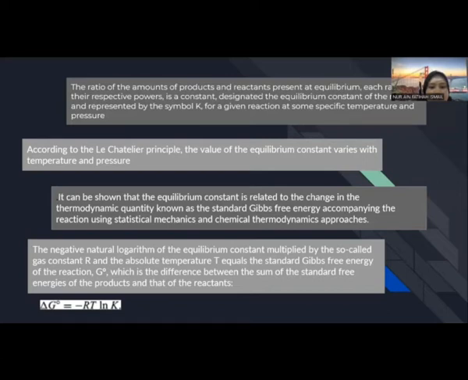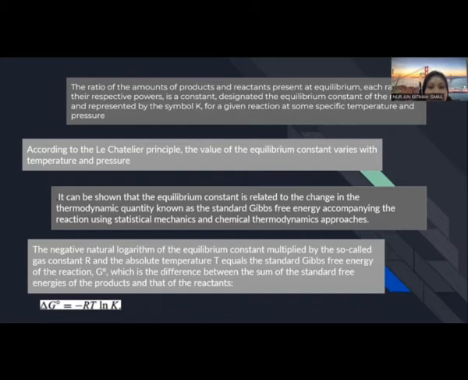The subscript represents the equilibrium condition. The ratio of the amount of product and reactant present at equilibrium, each raised to their respective power, is a constant designated as the equilibrium constant of the reaction and represented by the symbol K for a given reaction at some specific temperature and pressure.